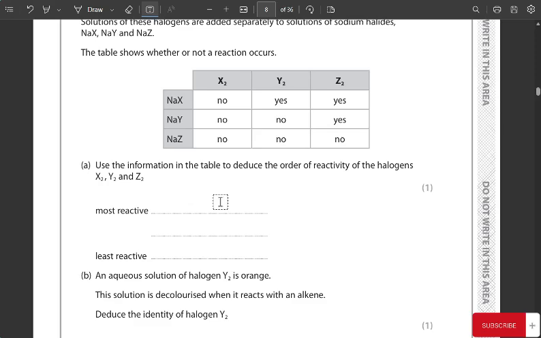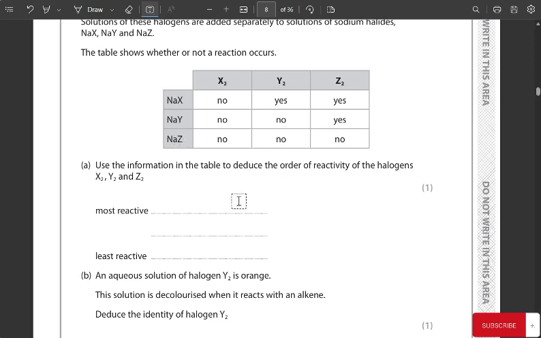Okay, we will see that X2 didn't react with anything. Y2 reacted with NaX, and the Z2 reacted with NaX, NaY, and not with NaZ.